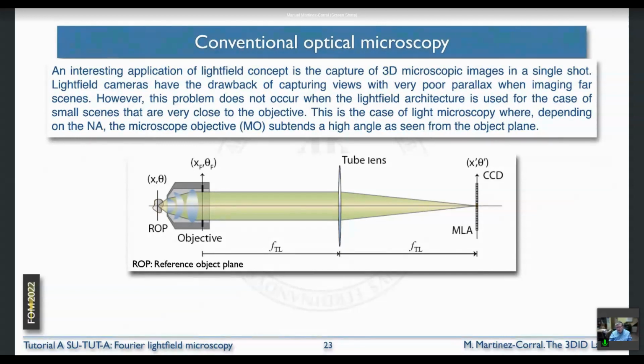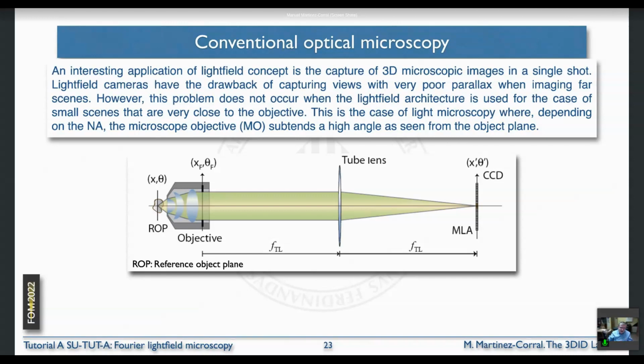There is a telecentric arrangement between the objective and the tube lens, and here finally we have a microlens array. I'm sorry, CCD. We can remove this. We have the CCD, and we obtain a highly magnified image of this.